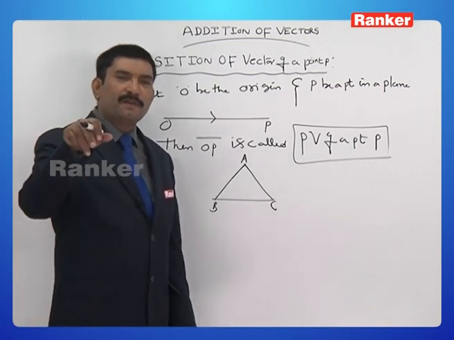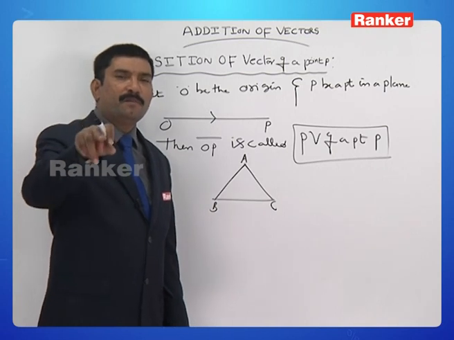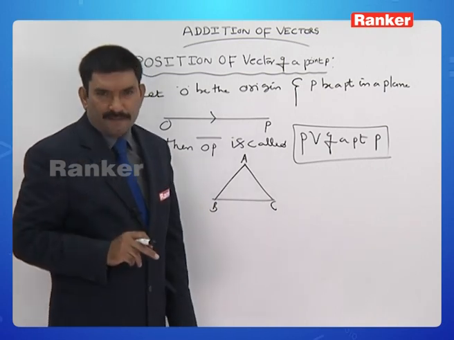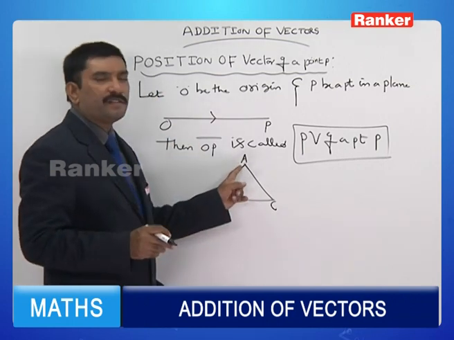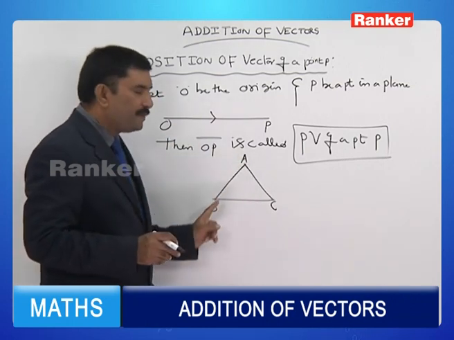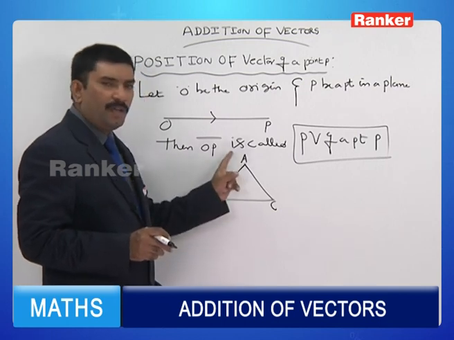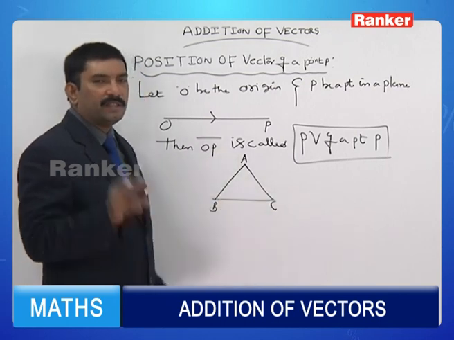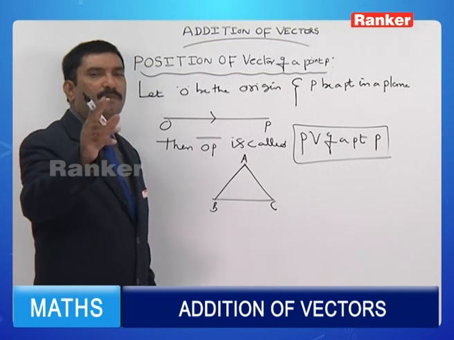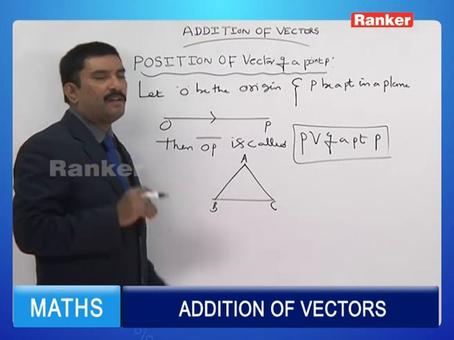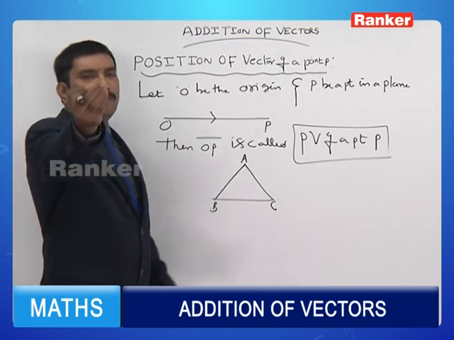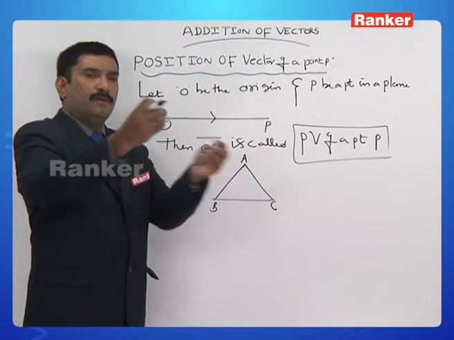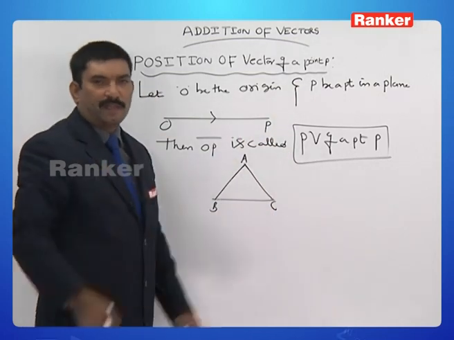When there is a restriction for the selection of an initial point or a terminal point, it's a localized vector. So whenever any vertices are represented with O, OA, OB, OC, they are nothing but the position vectors of the vertices of a triangle or a parallelogram ABCD: OA, OB, OC, OD. Where is O? This is O.